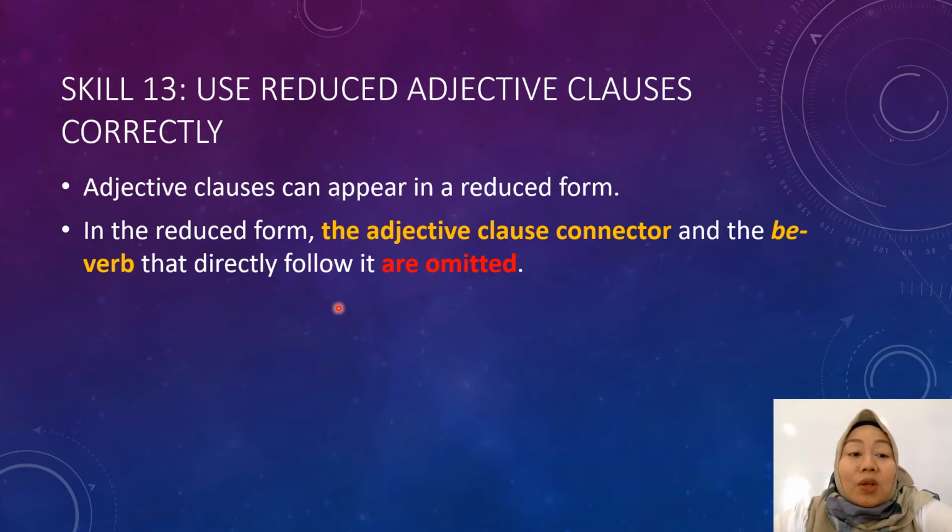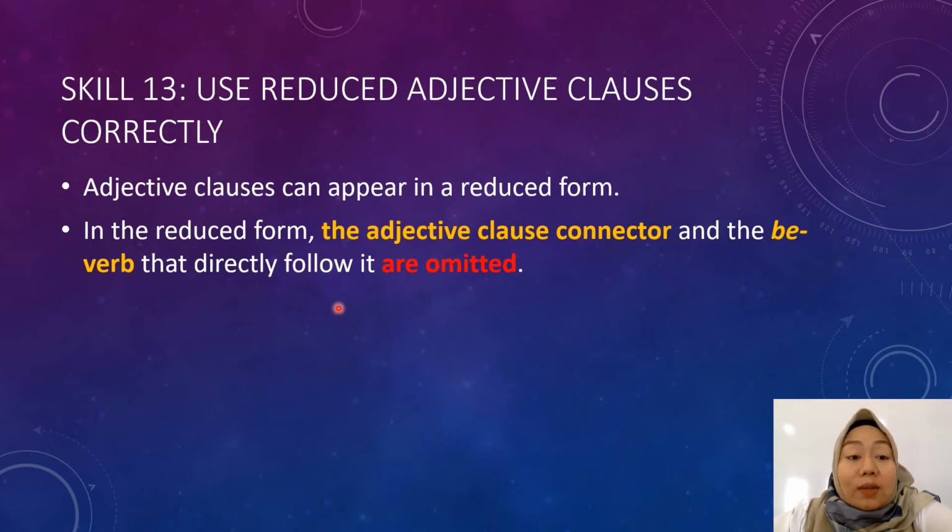So if we have a sentence having an adjective clause, then if we want to reduce the adjective clause, we omit the adjective clause connector and the be verb that directly follows it.